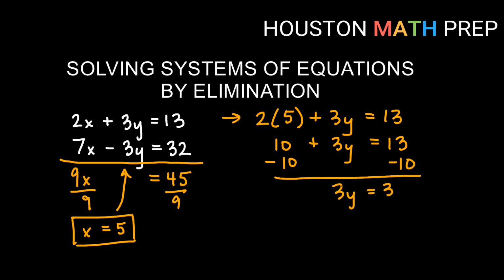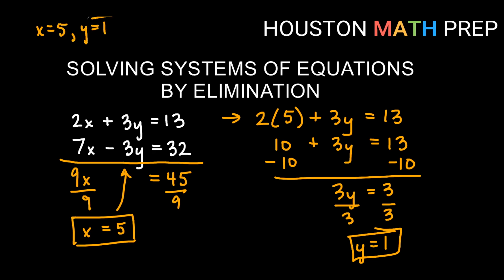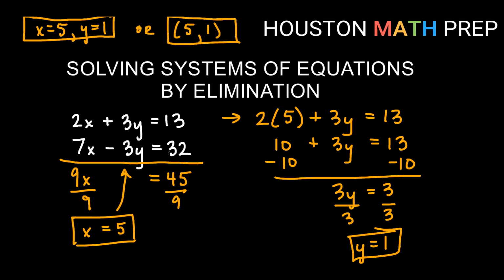And then if I divide by the 3 in front of y, that will give me that y is 1. Okay, so we get an answer of x equals 5 and y equals 1. Or if they prefer you writing it as an ordered pair, then you might say 5, 1 for your answer.